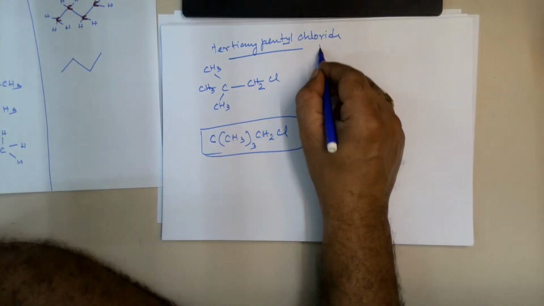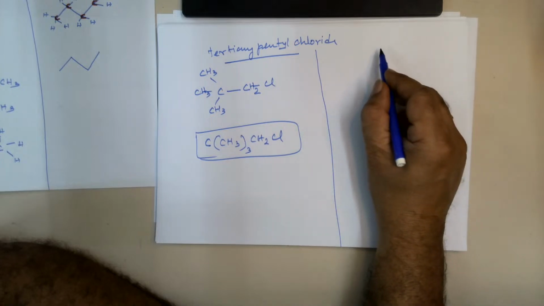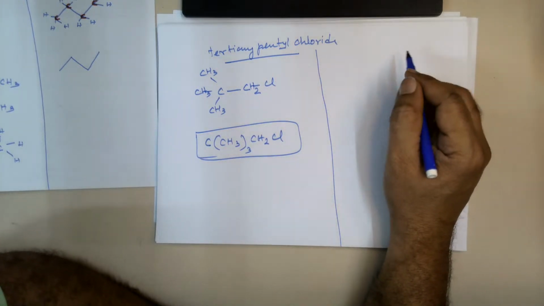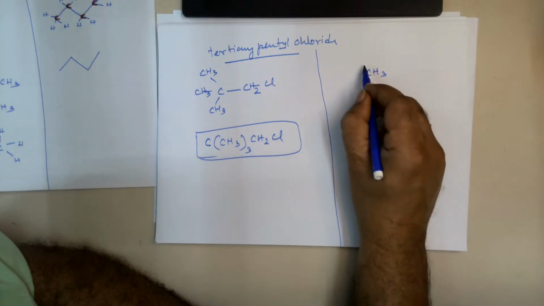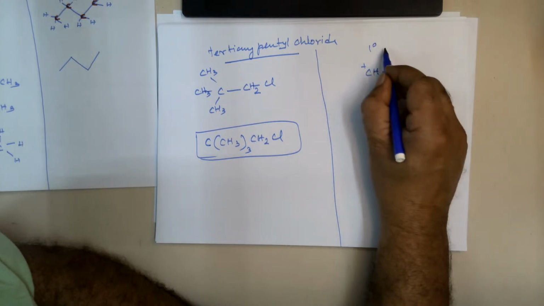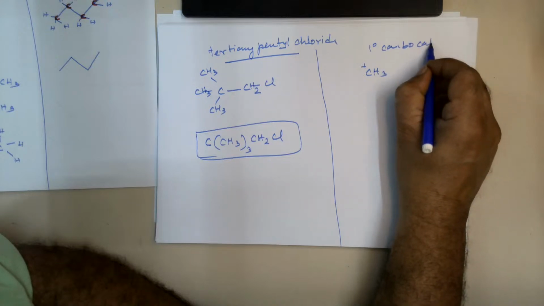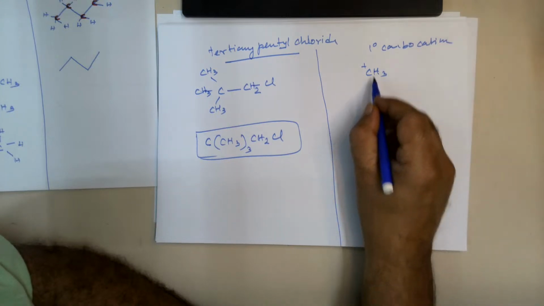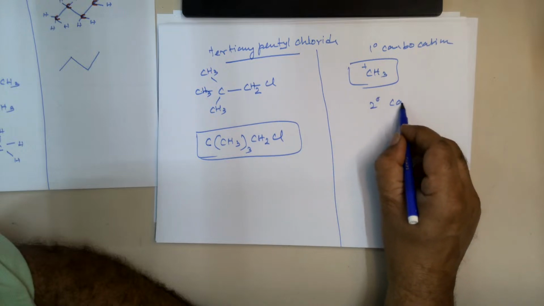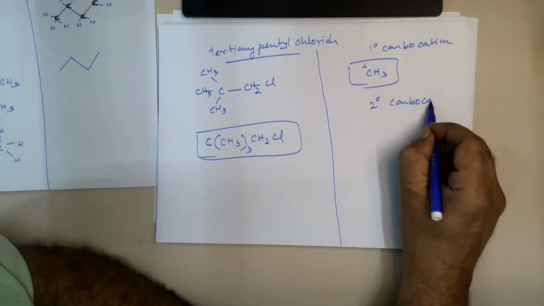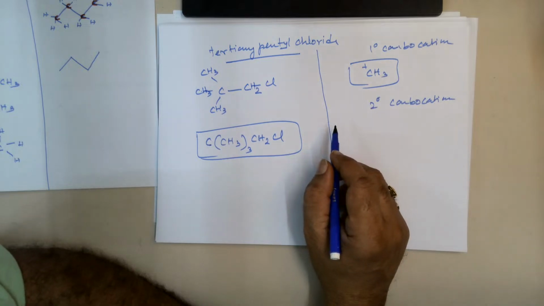Now let me talk about the different types of carbocations, that is primary, secondary, tertiary. So this is the primary cation, CH3 plus, primary carbocation. Secondary carbocation means it should be branched, is it not?